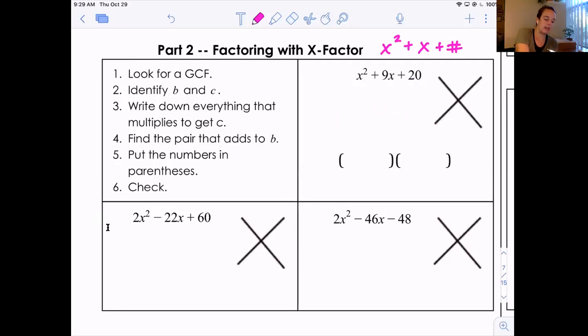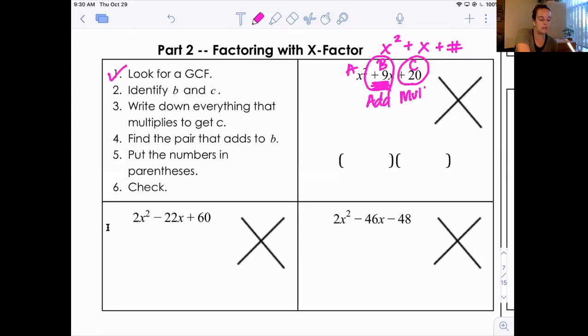So we're going to move on to the next step. We're going to identify B and C. If you imagine we have A, B, and C, then the number 9 is our B. This is the number that we need to add to get. And C is 20.